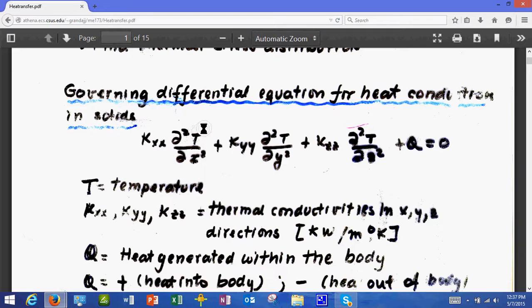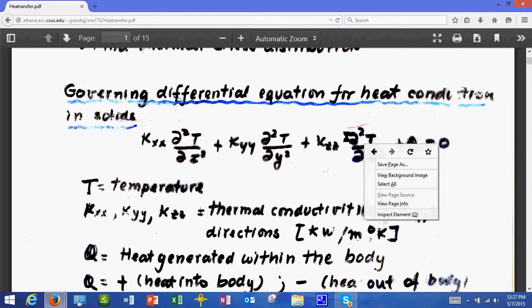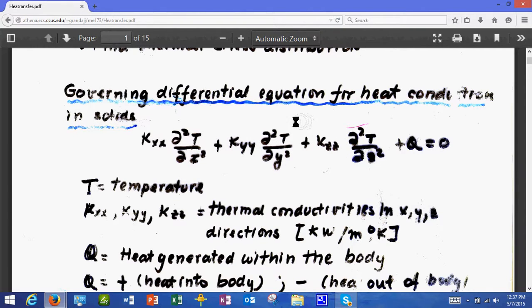This is the heat transfer condition when you have three dimensions, basically. What you have is kxx, the properties of the material, times d squared T over dx squared, and dy squared, and dz squared, plus Q.